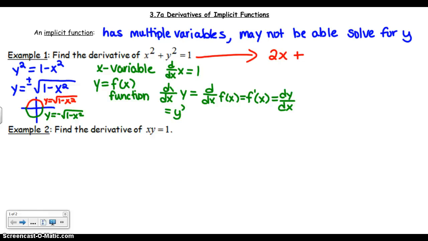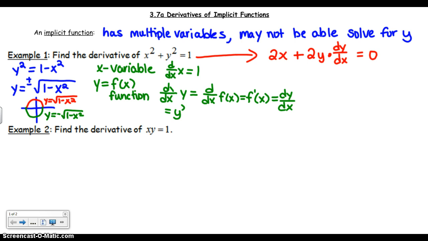So for y squared, you're going to deal with the squared first. You're going to bring down the 2, and you're going to keep the inside. So that becomes 2y. But then you have to multiply by the derivative of y. And in this case, I'm going to use the form dy over dx. And then you say equals, well, the derivative of 1 is just 0.